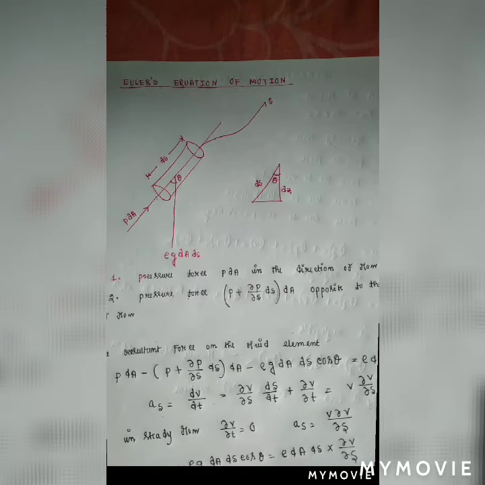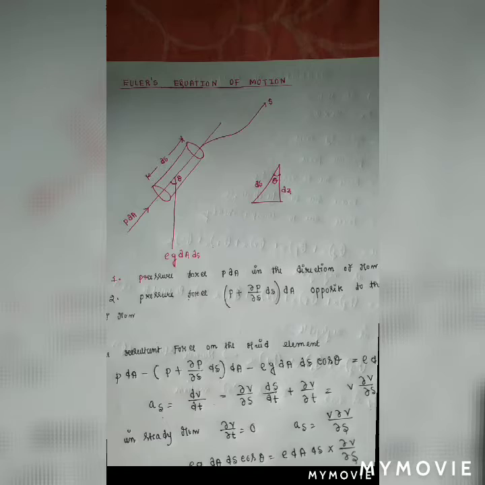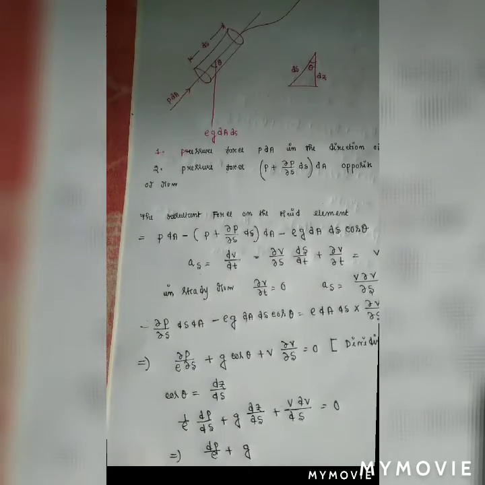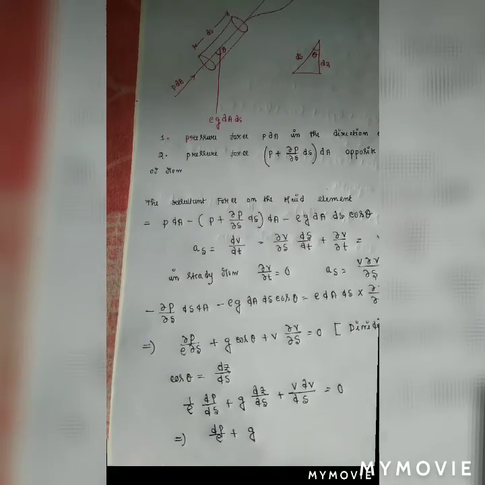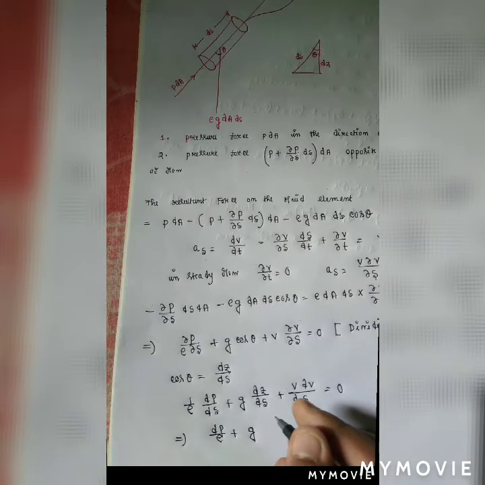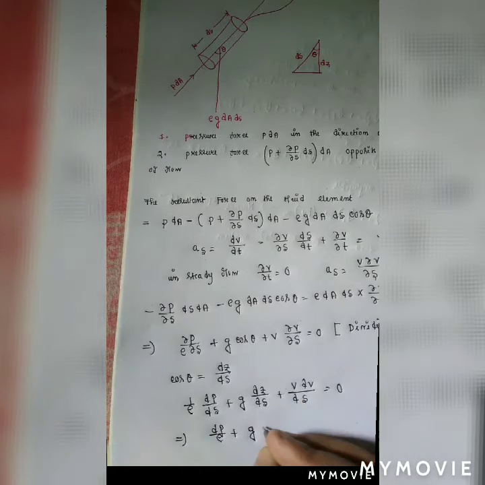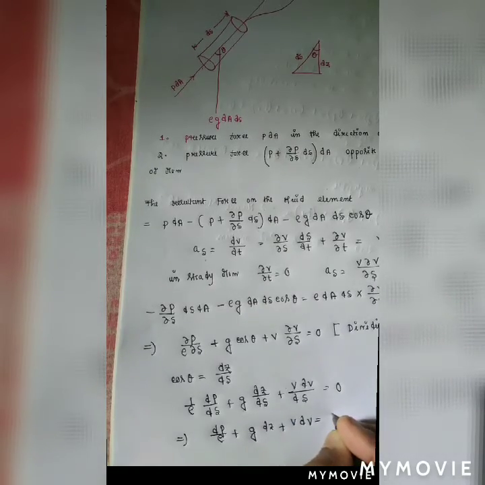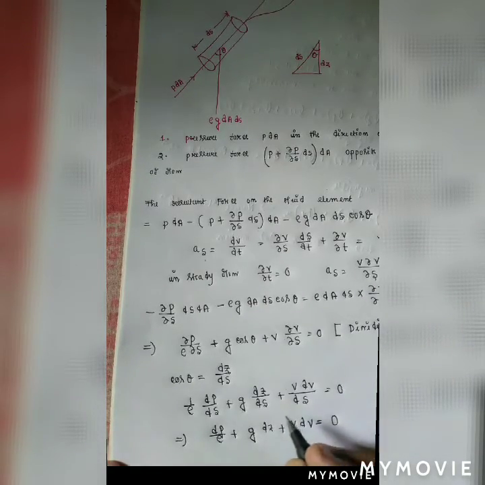You can see that this triangle portion means theta. You know theta is the angle between the direction of flow and the line of action of the weight element. Now put the value of cos theta as dz by ds and we'll get 1 by rho dp by ds plus g dz by ds plus v del v by del s equal to 0.